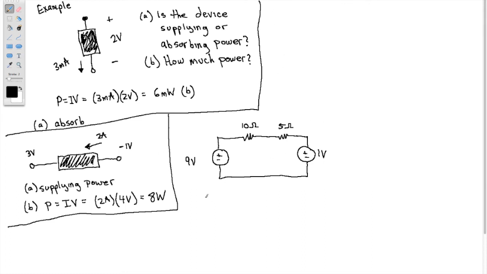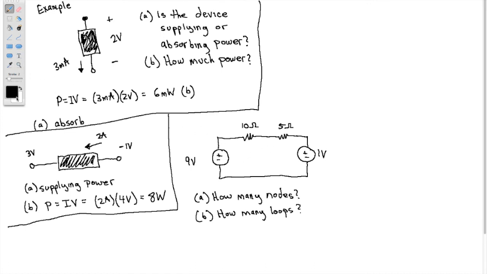For this circuit, how many nodes are there? How many loops?